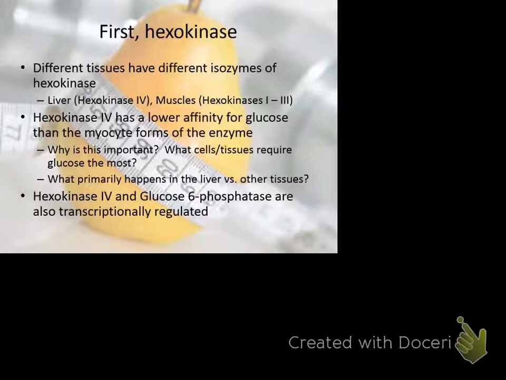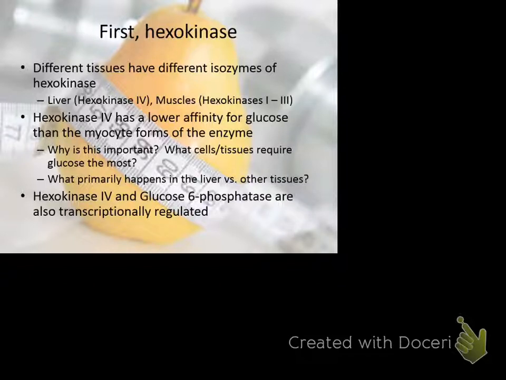But the liver's saying, hey, it's below my Km, and so therefore the other tissues are going to need it first. So hexokinases 1 through 3, those forms will have a much tighter, much lower Km, so that way they can bind the glucose, use glucose for glycolysis and get the energy from it, and the liver will wait its turn.